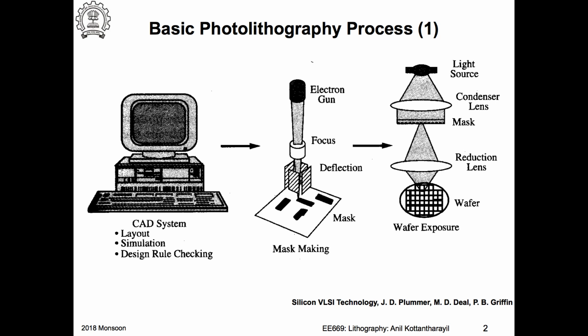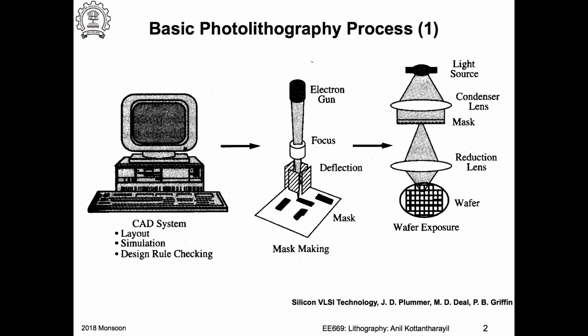And then you can selectively remove the resist from certain regions. Usually, wherever you have exposed the resist to the electron beam, you can remove that region very easily by dipping this glass plate in a chemical called developer.